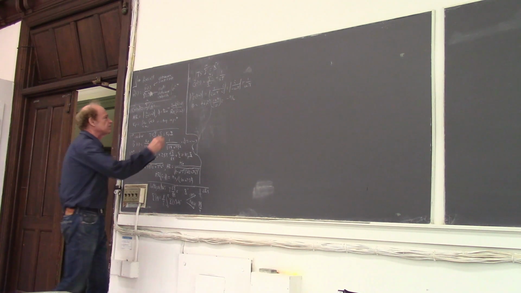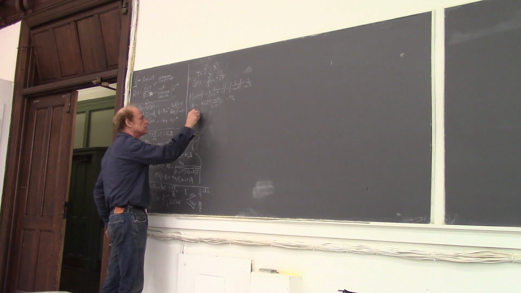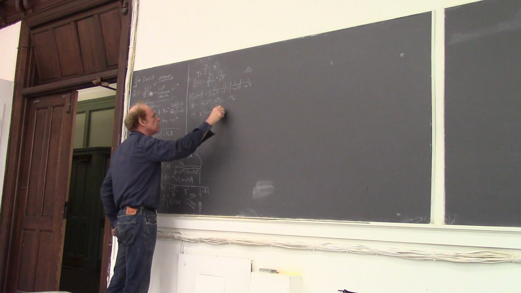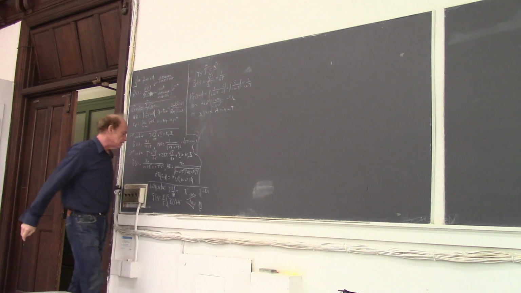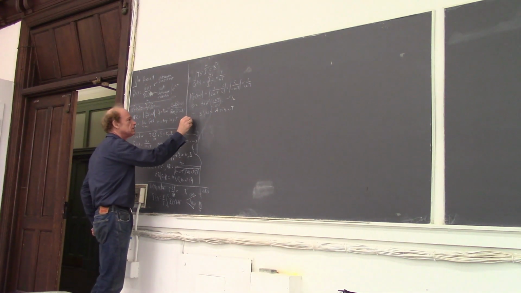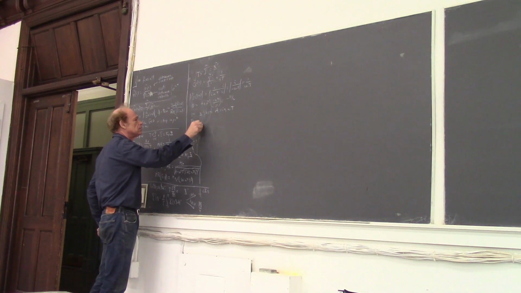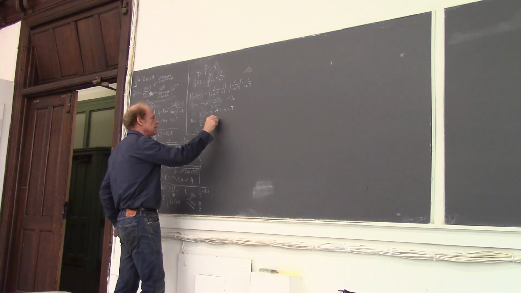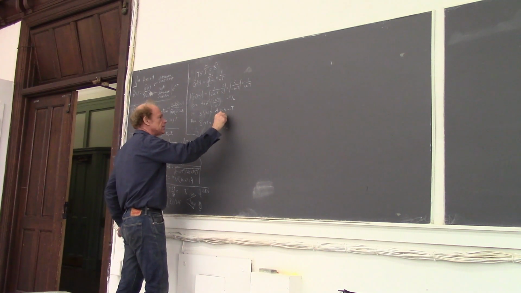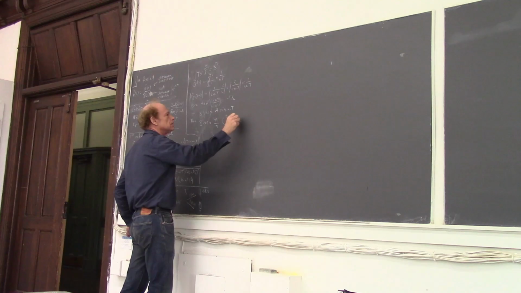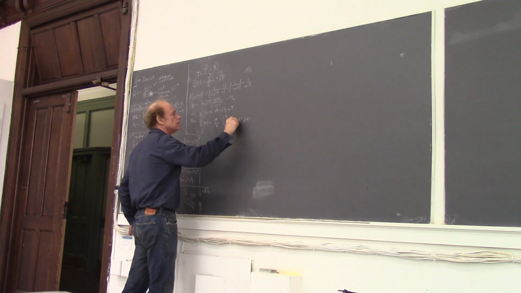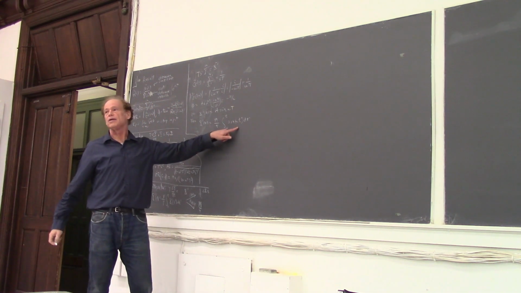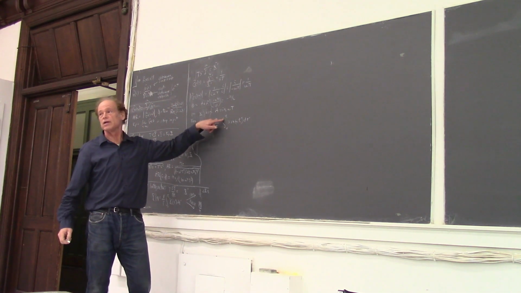So let's say I have a sinusoidal input, x prime of t is a sine omega t. Let's see what y prime of t is. It is equal to a over t, the integral from 0 to t, of sine omega t prime dt prime, where I put a prime in because I can't have the same variable as a variable of integration and in the limit.